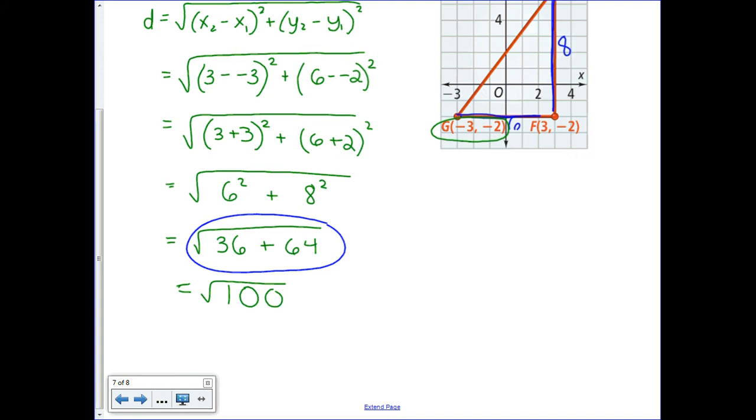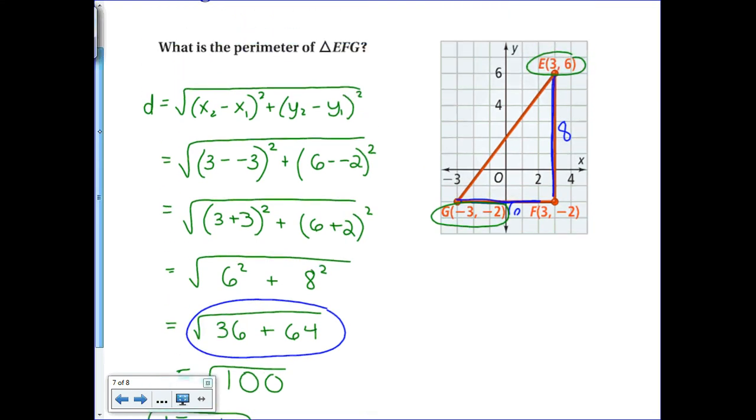And if it was as easy as that, there wouldn't have been a square root in this problem to begin with. It would have just told you to add the 2 numbers together. That's not what it is. Add them together underneath the root sign, then take the square root. So the square root of 100 is 10. And that's the distance here between G and E rather.